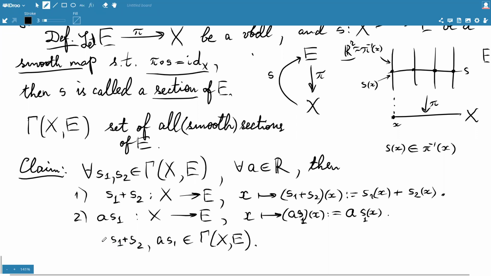So the claim is that these are again smooth sections. And of course, they satisfy all the properties of a usual vector space over R. So Gamma of X, E is an R vector space.